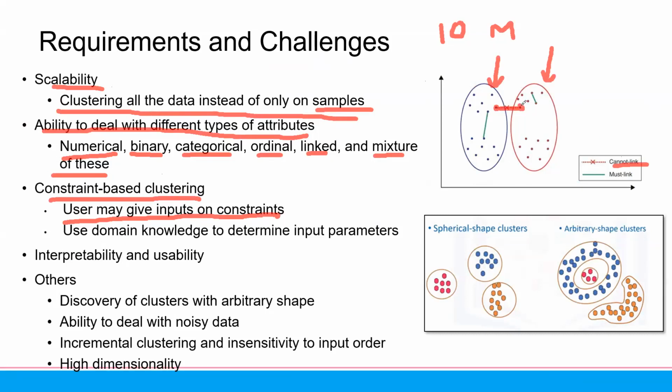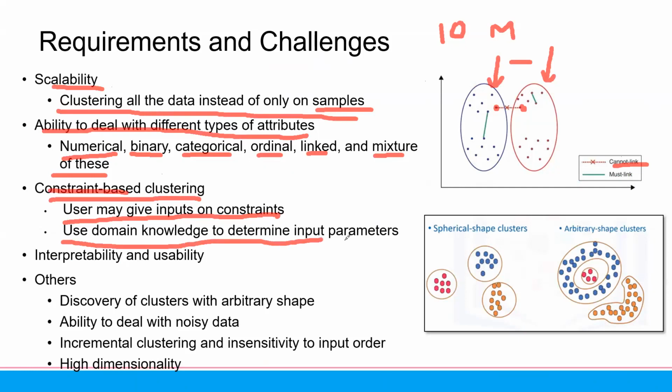Maybe this is the data from one country, this is another country, but those two countries have no agreement. Then, yeah, you cannot link. This country and this country, they have agreement. Then, yeah, they can make a link. So there's some constraint that you cannot avoid. So the clustering should be based on the constraint.